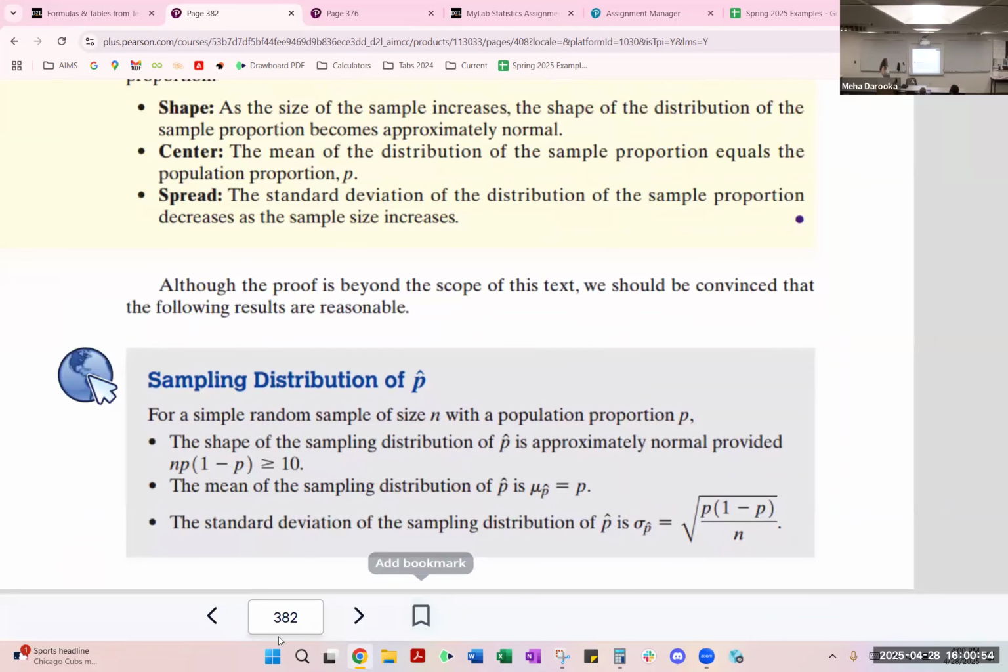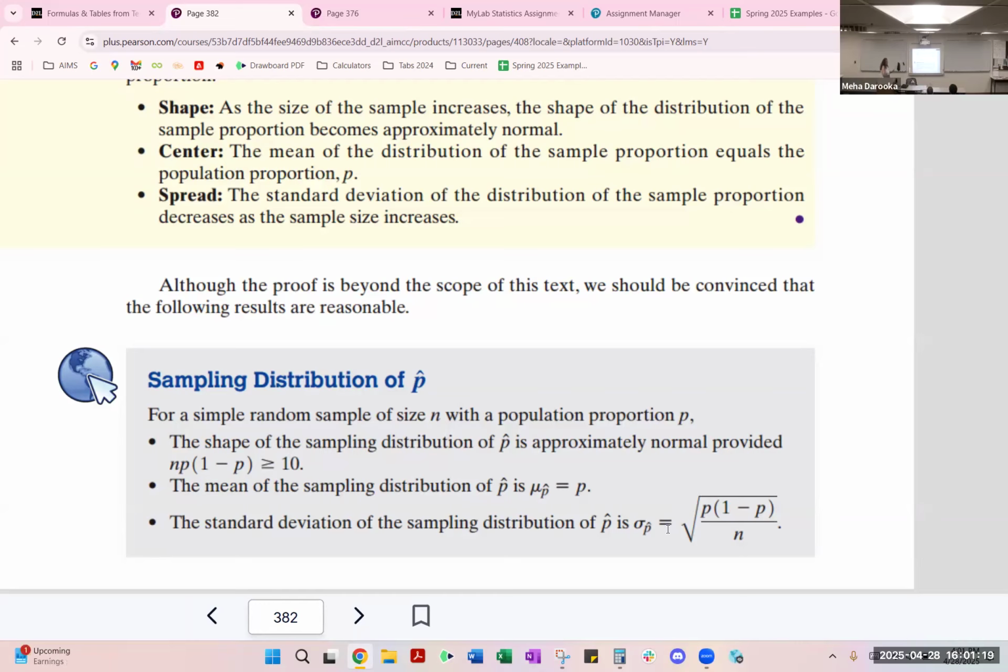So you will see we're still using that same calculation here of n times p times 1 minus p. If that product comes out to be greater than or equal to 10, we can say that the sampling distribution is going to be approximately normal. Your mean for the sampling distribution is the same as your population proportion. So that's p here, guys, not mu.